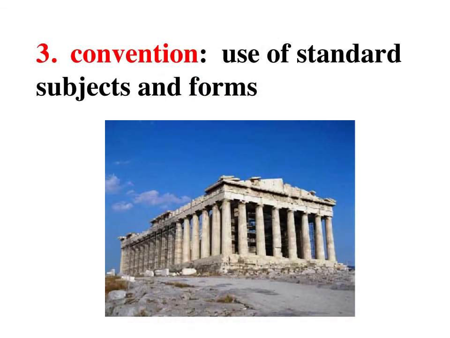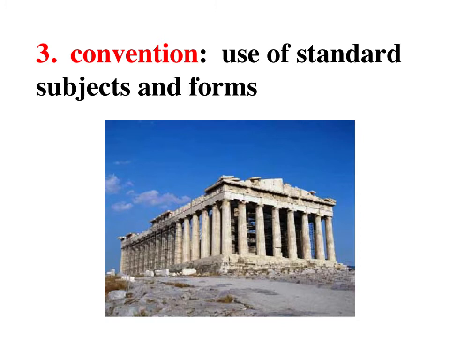And going along with that, it wasn't an elevated status, and it was not about the artist's individual expression. In fact, our third element of classical art is convention, the use of standard subjects and forms. So this slide shows a photograph of the Parthenon, and you can see its basic format is peripteral.